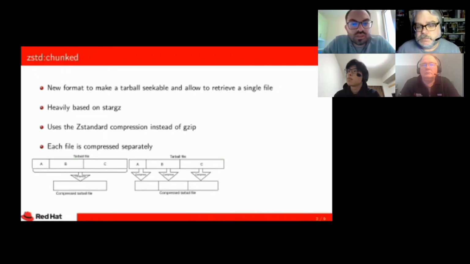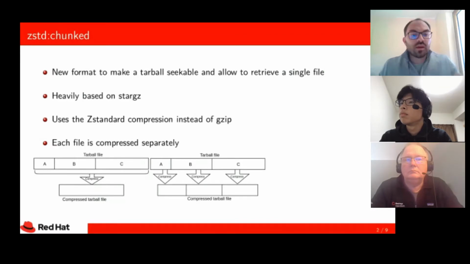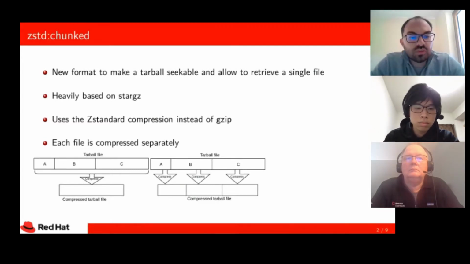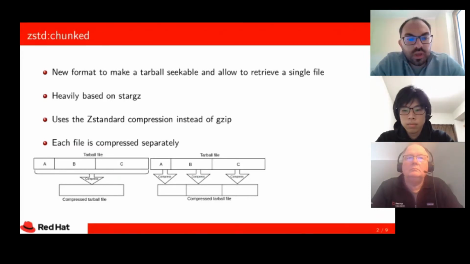Yeah, sure. So, Kohei already gave a good zstd:chunked introduction. When I started working on it, I was trying to solve a different problem than lazy pulling, and it's how we can improve traditional image pulls, so without requiring a FUSE file system.